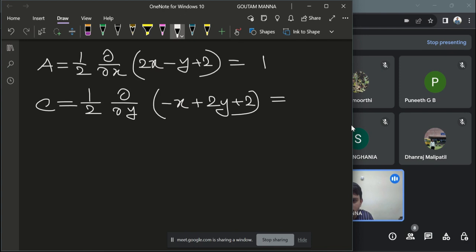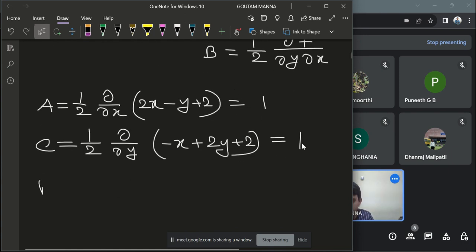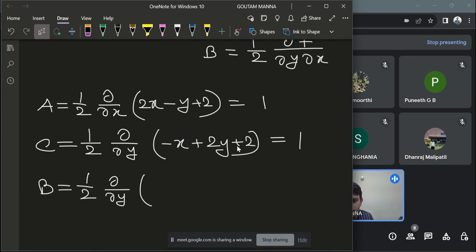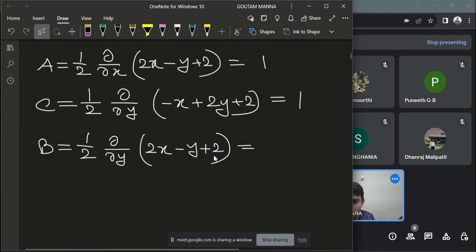And del y of this term will be only 2, and there is a half here, so C is also 1. If you calculate B, it will be half of del y of del f del x, that is 2x minus y plus 2, which will be minus half.